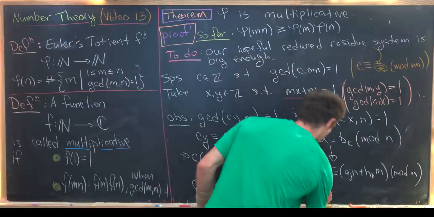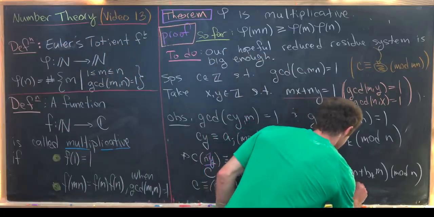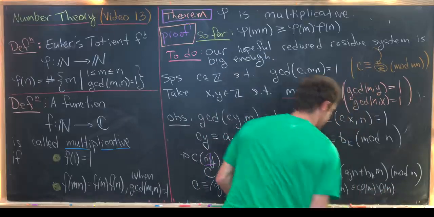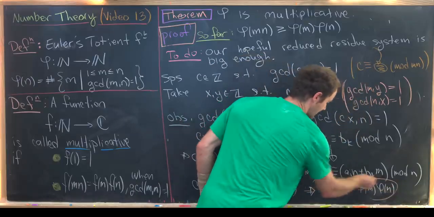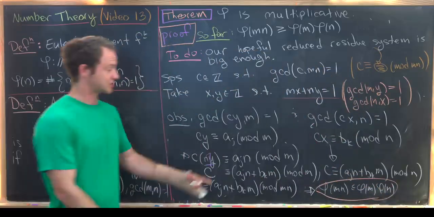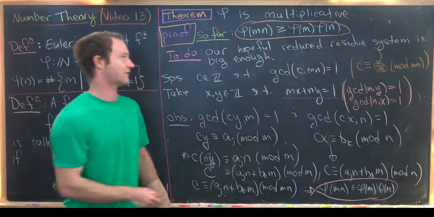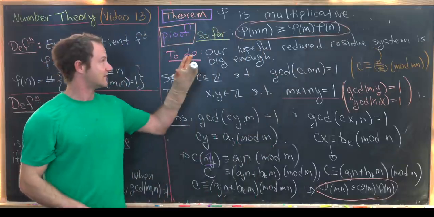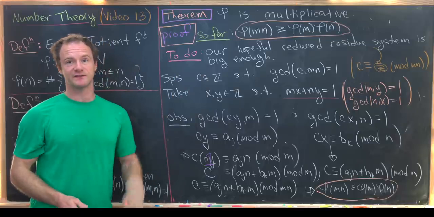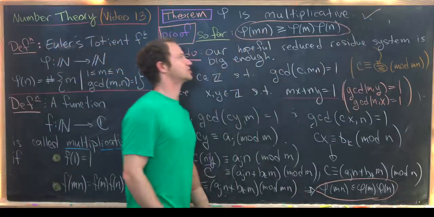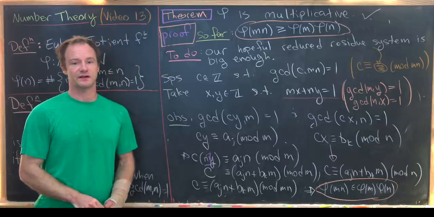So in other words, we have phi of mn is less than or equal to phi of m times phi of n. But now combining this inequality, which I've just circled down there, together with our inequality from the first half of the proof, we see that phi of mn is equal to phi of m times phi of n, which is exactly what we needed to show for phi to be multiplicative.